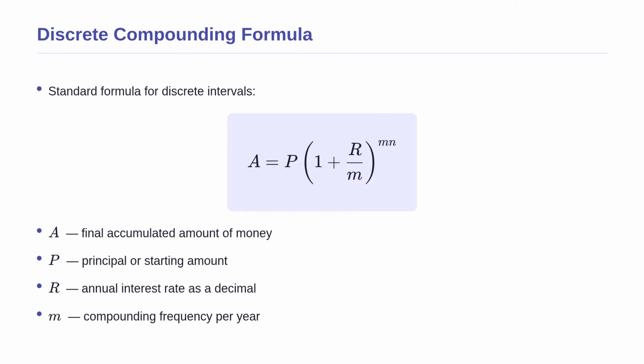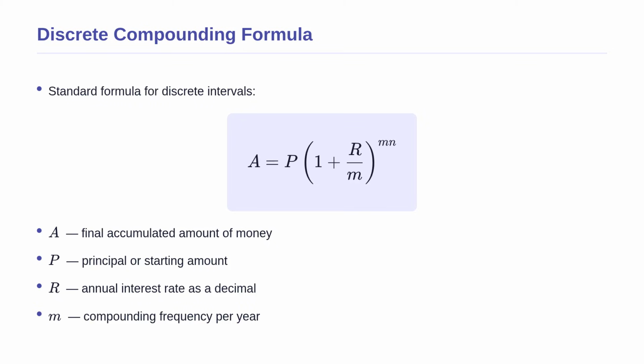Building on that snowball analogy, let us look at the mathematical formula for discrete compounding. This formula tells us exactly how much money we will have if the bank only pays us at set times, like monthly or annually. The formula is A equals P times (1 plus r over m), all raised to the power of m times n.